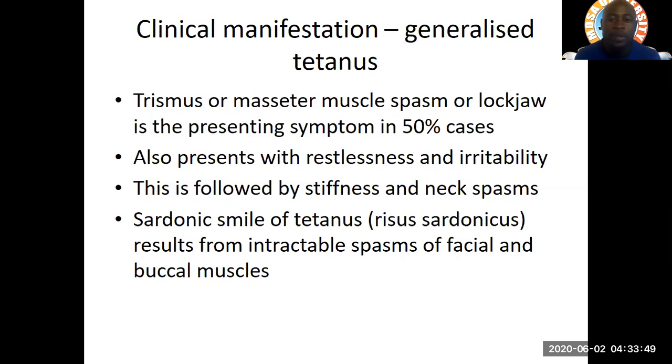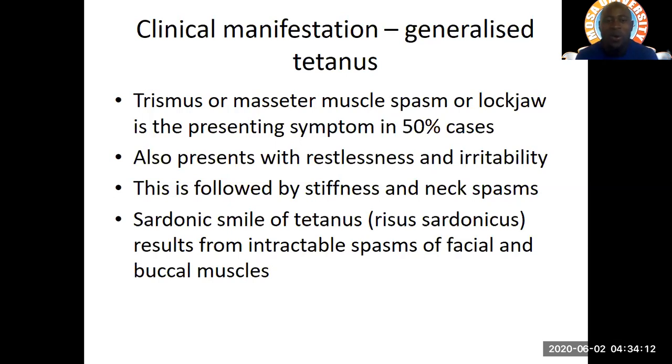Okay, also they will present with stiffness of the neck and spasm. Sometimes when you come in contact with this baby, this is one of the early signs and symptoms that would help you, as a clinician, make a diagnosis to say this could be tetanus, regarding the history that has been taken, whether the mother never had a tetanus injection.